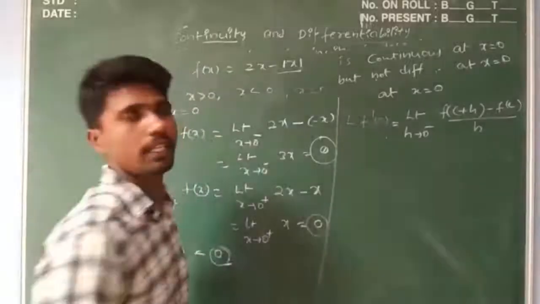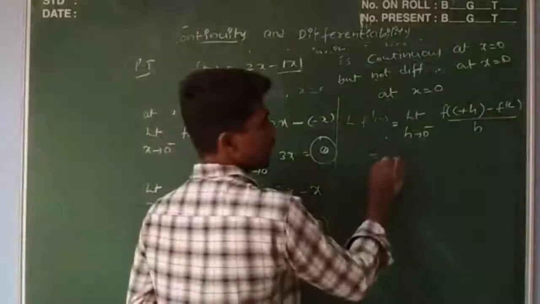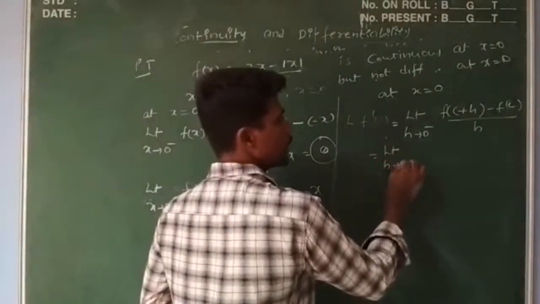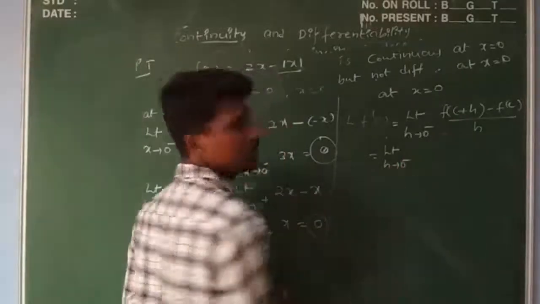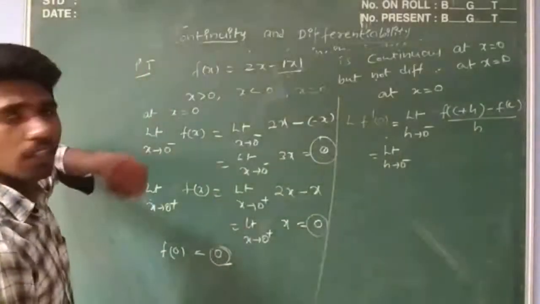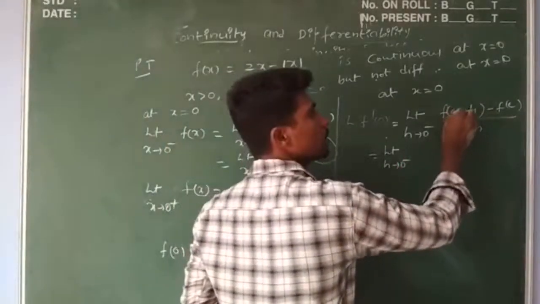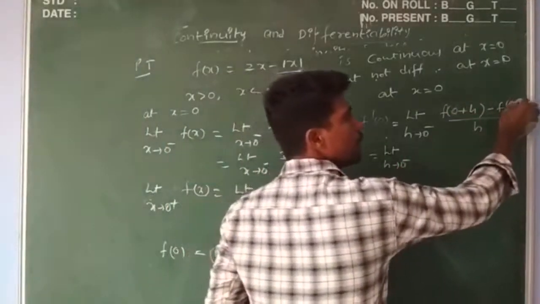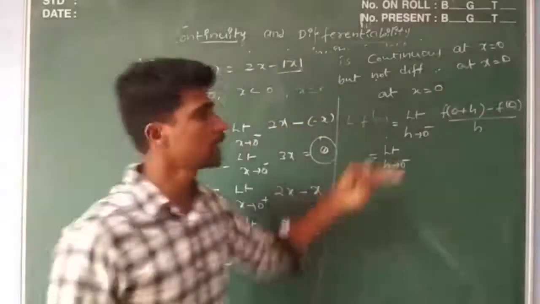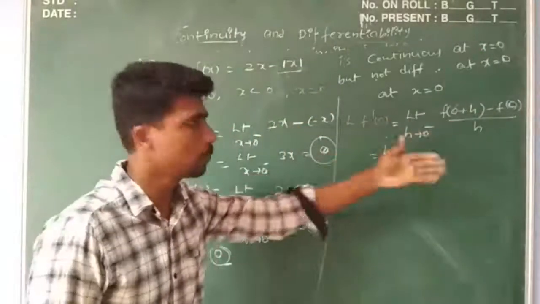Simplifying, the value of c is 0, so I can replace this with 0, and f of c will be equal to f of 0. Second step I have modified here. Now I am going to the third step.